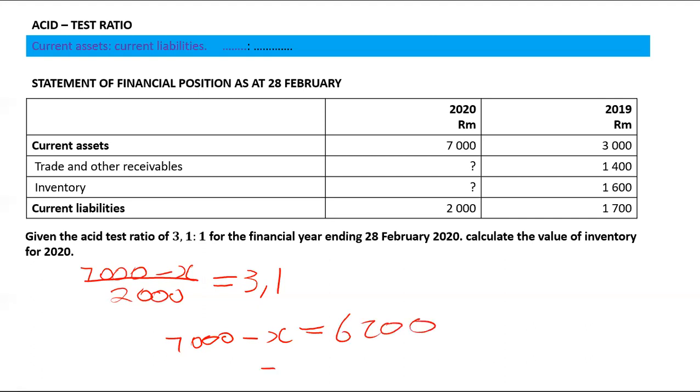So minus X will be how much? 800. Minus X is negative 800, meaning that X is how much? X is just 800.